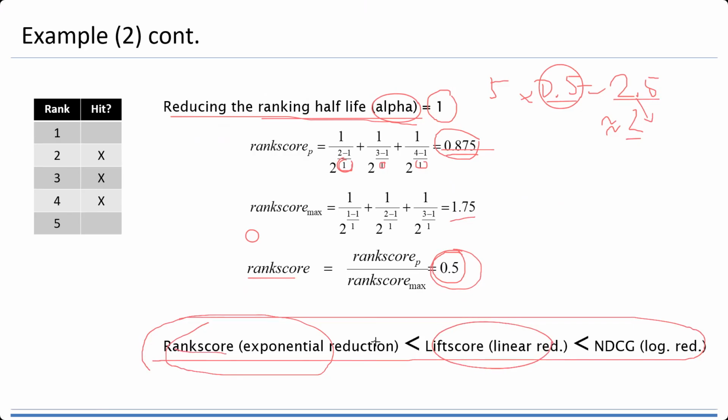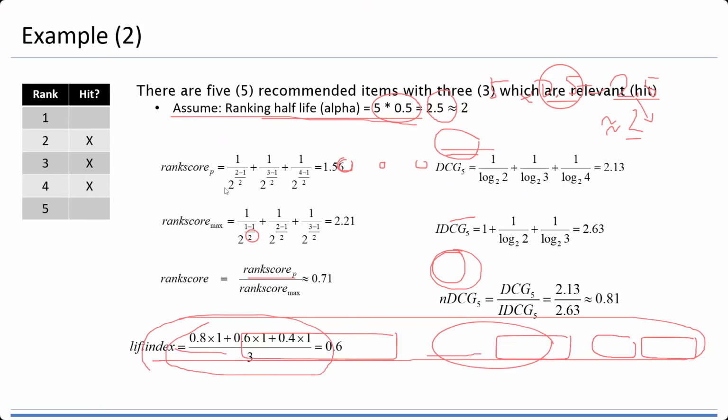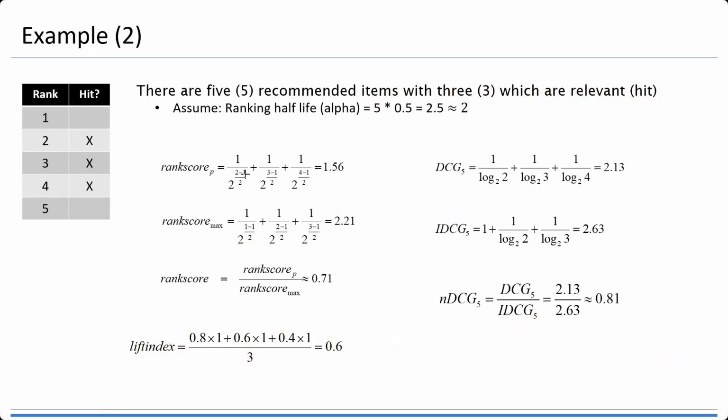The rank score is an exponential reduction. The leaf score is only a linear reduction. And the NDCG is a log reduction. Can you understand? In the formula for the rank score, we have the exponential reduction, 2 to the power of n.